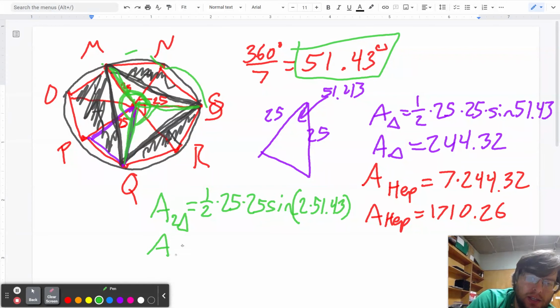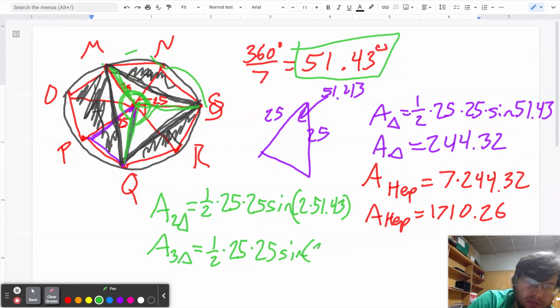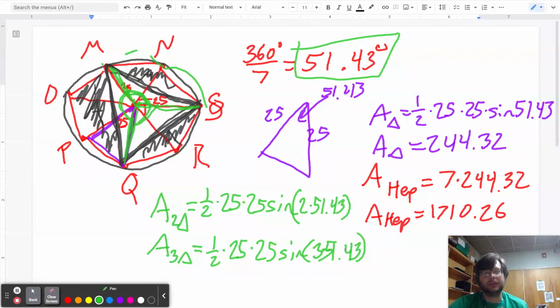And the area of the 3 section triangle is going to be 1/2 times A, 25, times B, times the sine of 3 times 51.43. So we're going to do some calculating here.